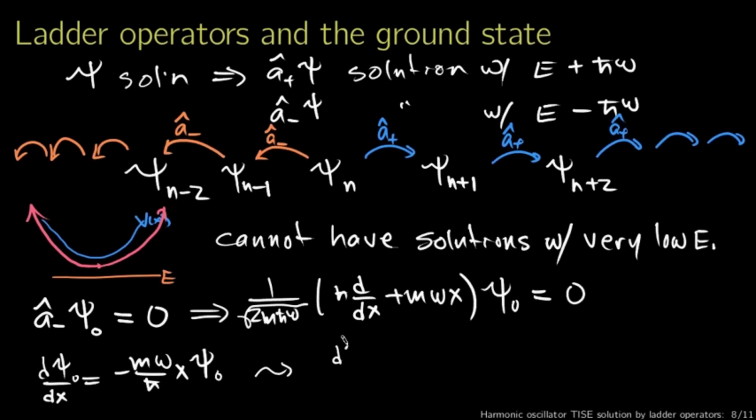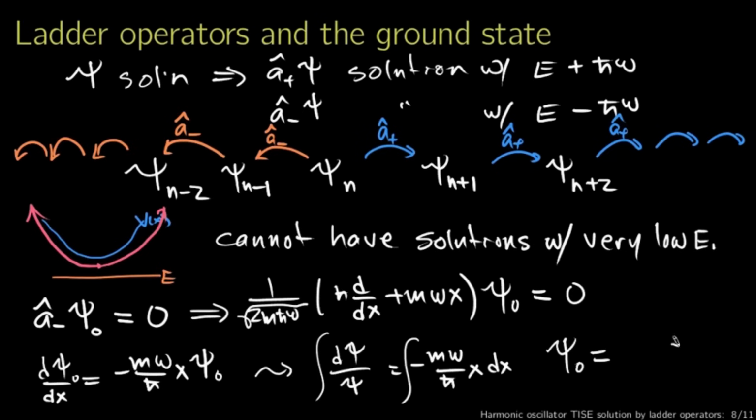I can rewrite this as d psi over psi is equal to minus m omega over h bar x dx. And if I do this integral, integrating both sides of this equation, what you end up with, after you simplify, is that psi sub 0 is equal to e to the minus m omega over 2 h bar x squared. E to the minus x squared for our ground state, for our lowest energy psi sub 0, for our lowest energy solution.